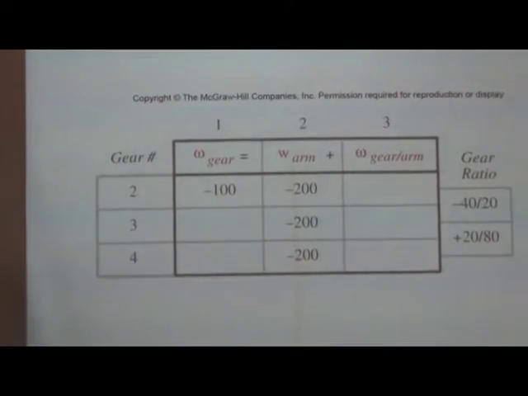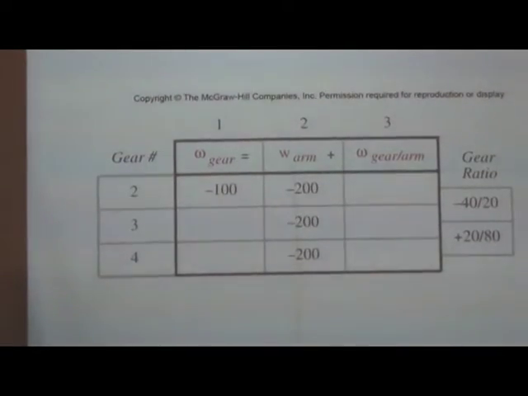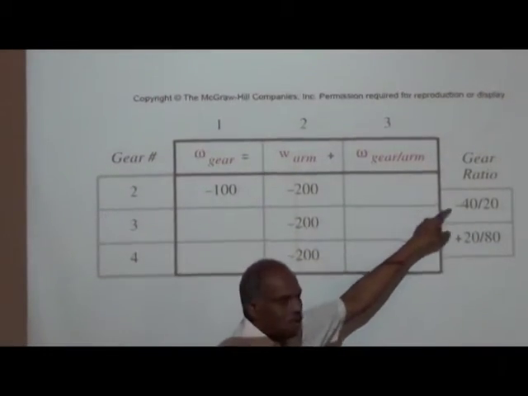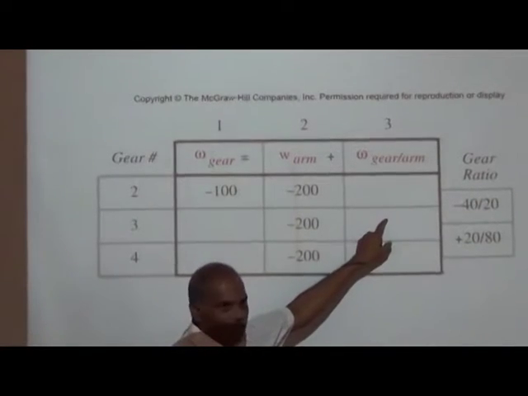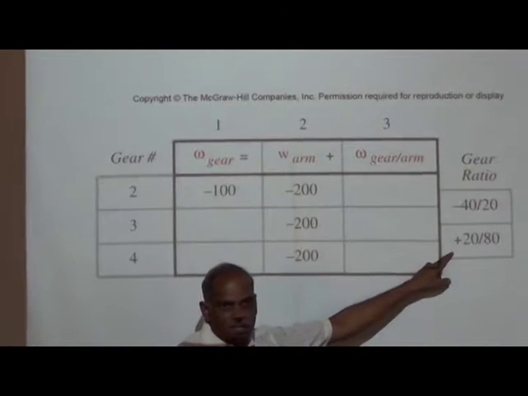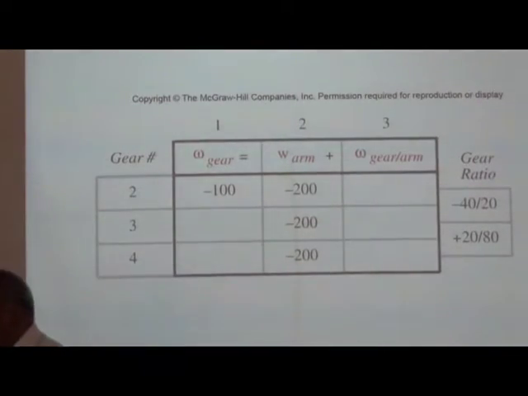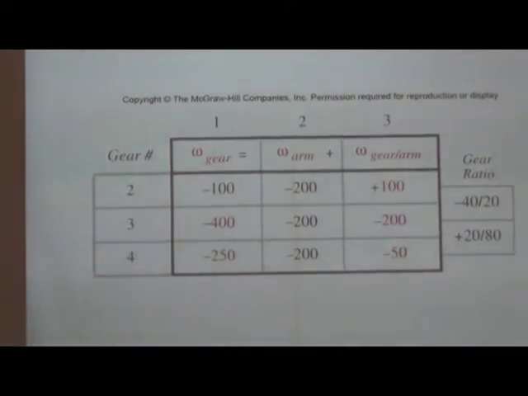So that will be minus 200. So here you will have minus 200 because of this gear ratio. Once you have this minus 200, this is 1 by 4th of that. So you will have minus 50. So you can see that the table is filled like this.